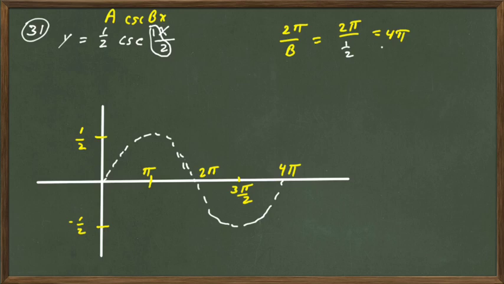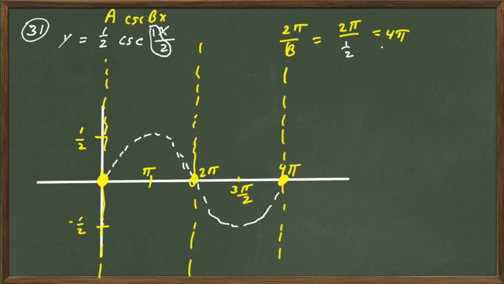Now wherever the sine is 0, like here, here, and here, it creates vertical asymptotes. And the actual curve itself is going to come off of the sine wave and approach these asymptotes.